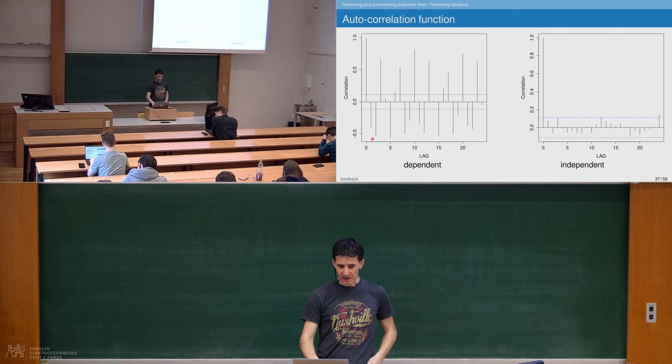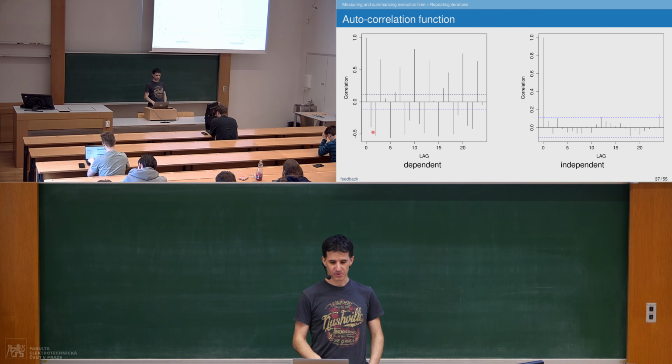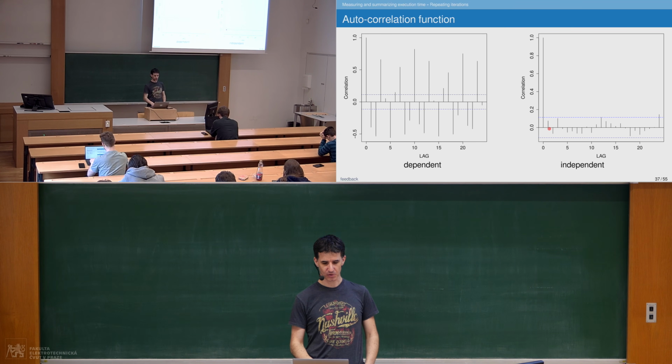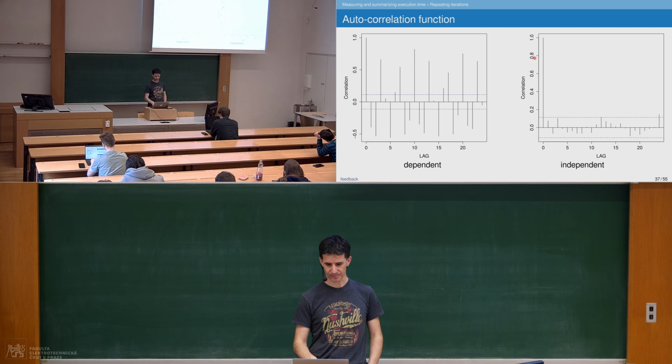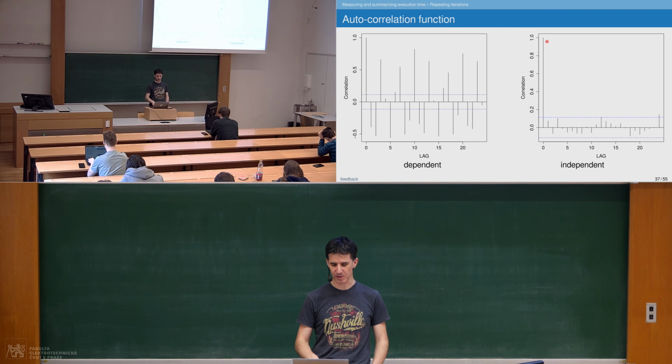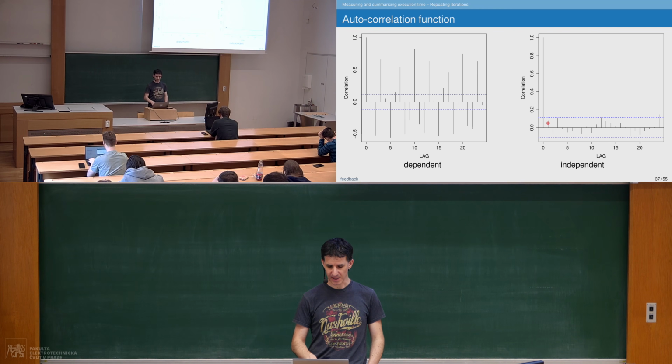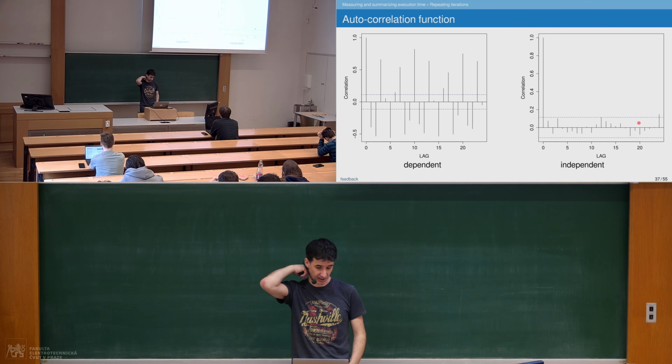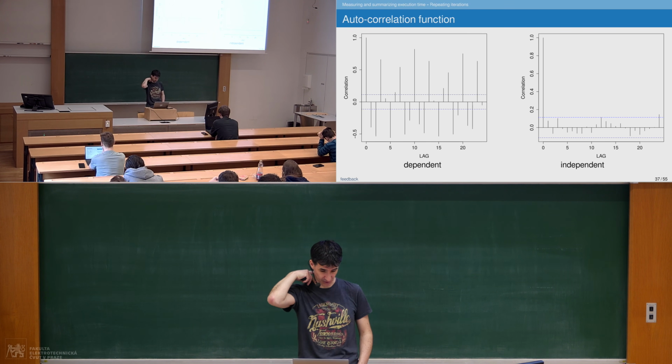This is the lag value, and a good autocorrelation function looks like this: there is a big peak of 1 for lag 0. Actually, it must be 1 because it's zero shift, and then for other lag values 1, 2, 3, the values are pretty small and somehow random. So this is like good independent measurements.